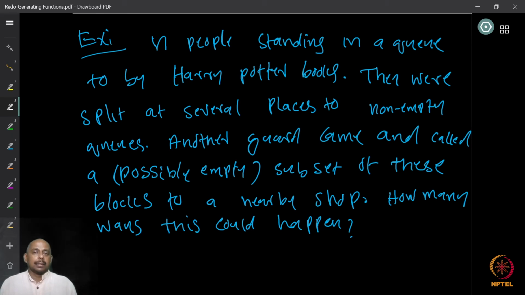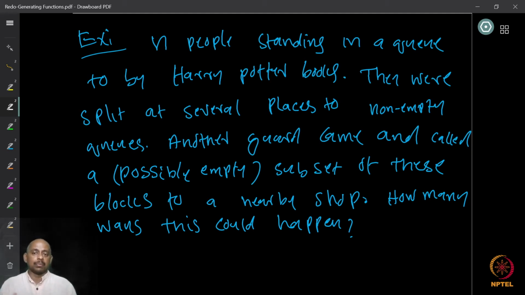Now, an example. We have n persons standing in a queue to buy, let's say, some books, Harry Potter books or something. People stand in the queue to buy this. Now, they are split at several places into non-empty queues.